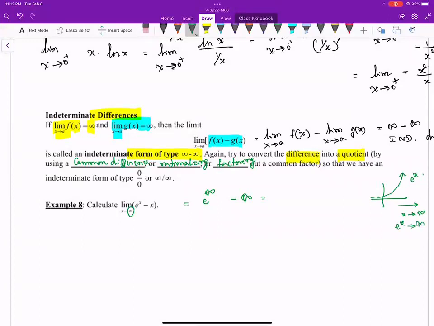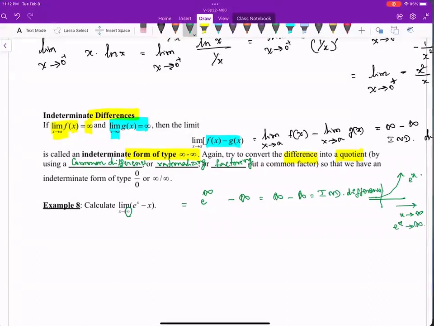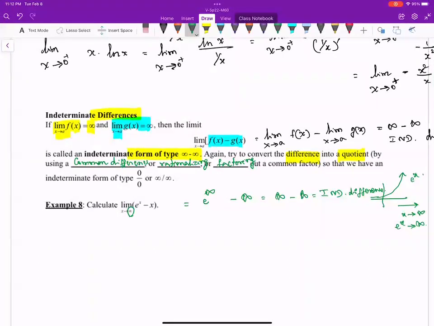It approaches infinity as well. So e to the infinity is infinity, and we have infinity minus infinity. Infinity minus infinity is neither 0 nor infinity. So it is an indeterminate difference. So we have to bring it to an indeterminate quotient.